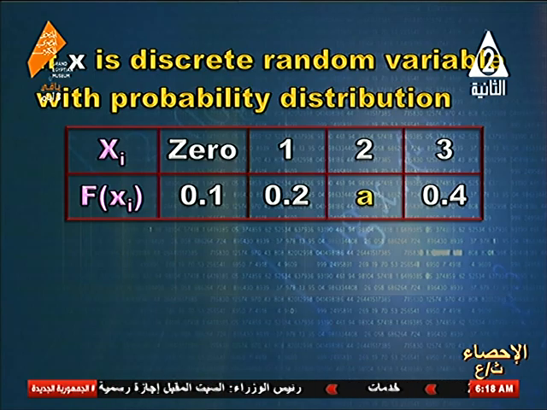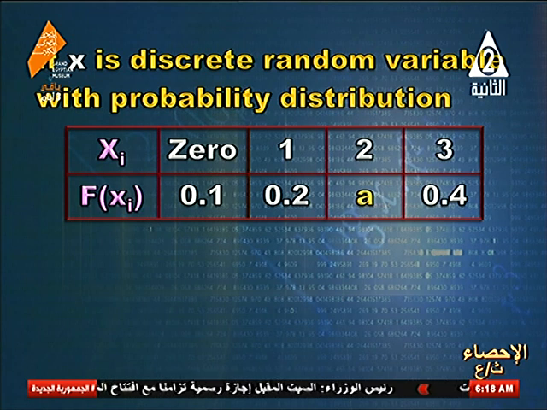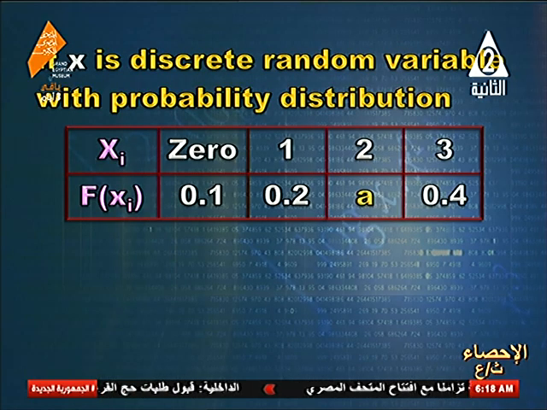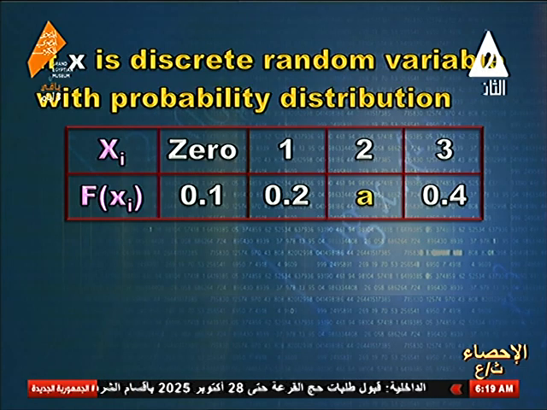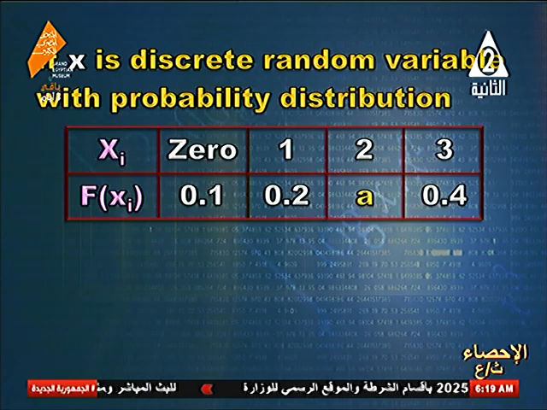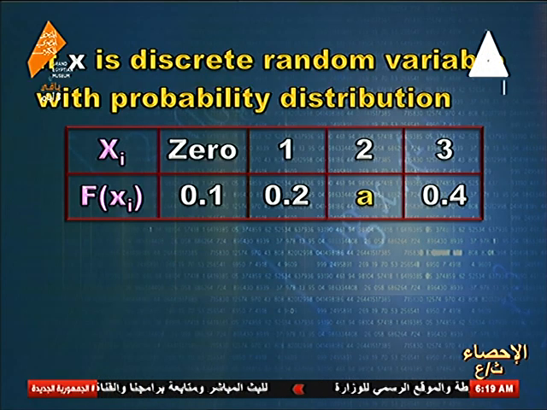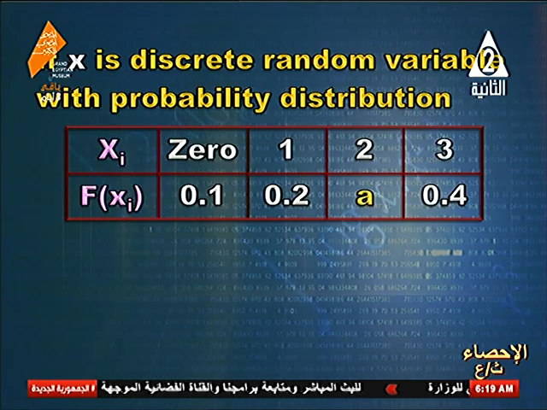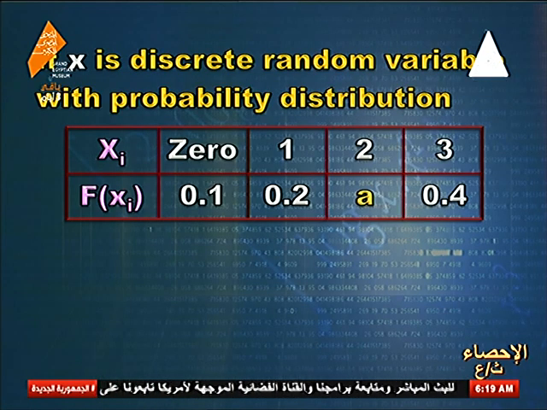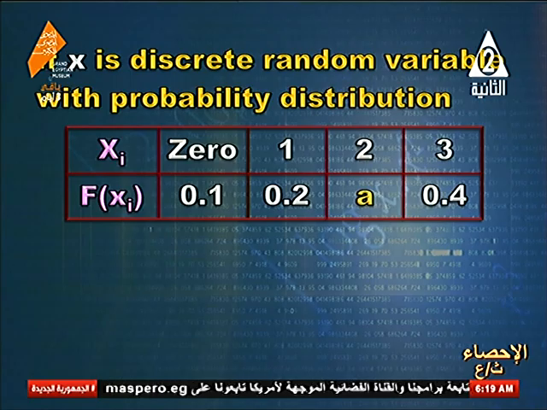It's clear what the value of a is. My dear student, we know that the summation of all probabilities equals 1. Don't forget, for any probability distribution, the sum is 1. Summation of f of xi must equal 1.